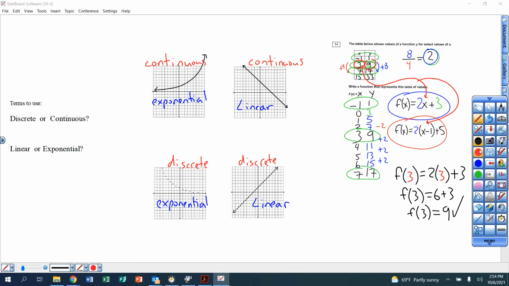If I was to plug that into that weird one, it still should give me that 9. If I was to plug in that 3 right here, gives me 2 times 2. And there you can see both equations, because they're equivalent, both gave me 9.